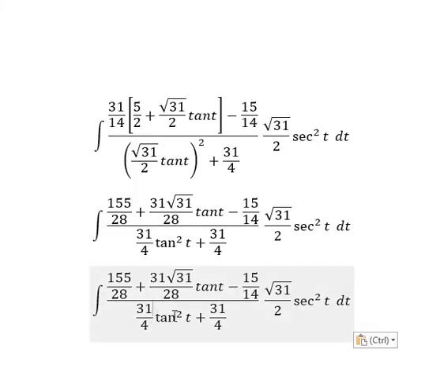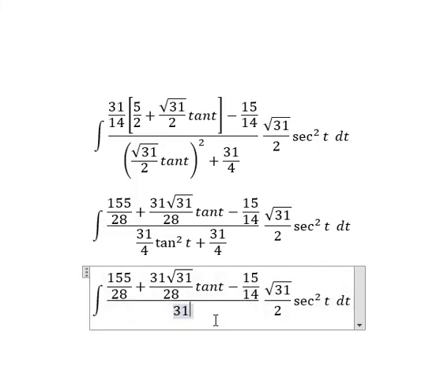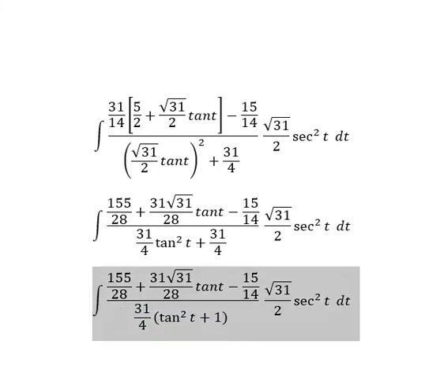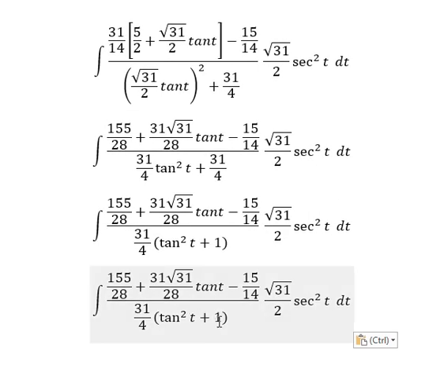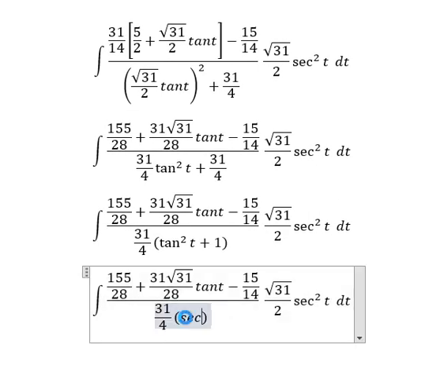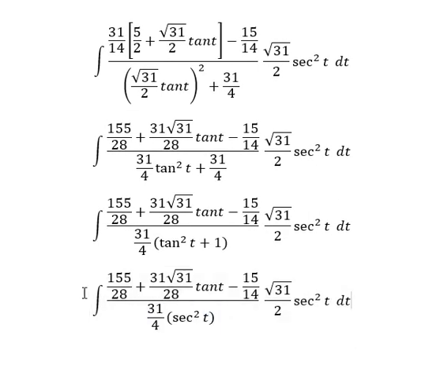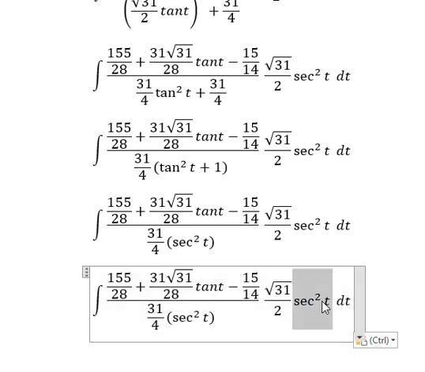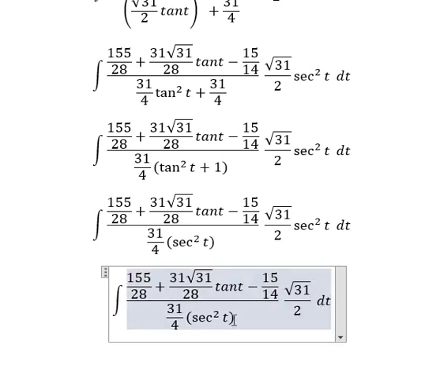So this one we can do factorization. And this one we change by secant of t square. Later we simplify on numerator and denominator.